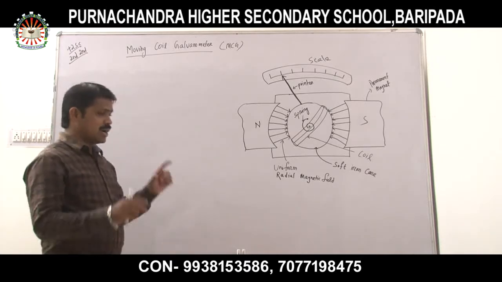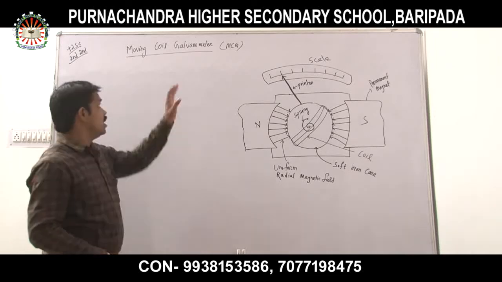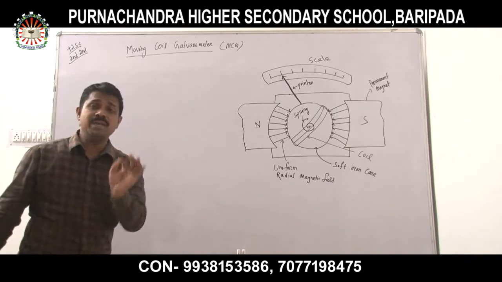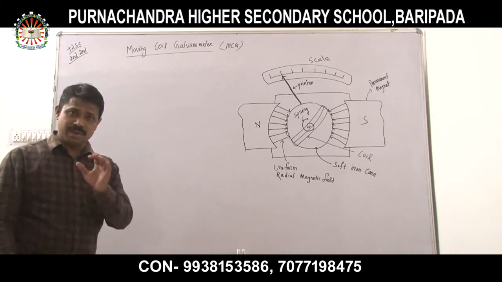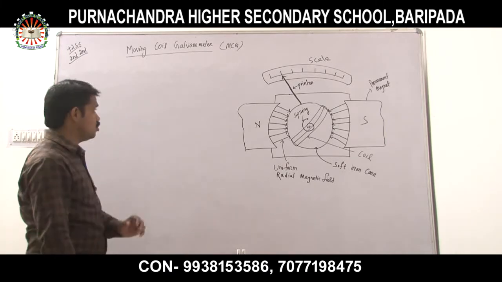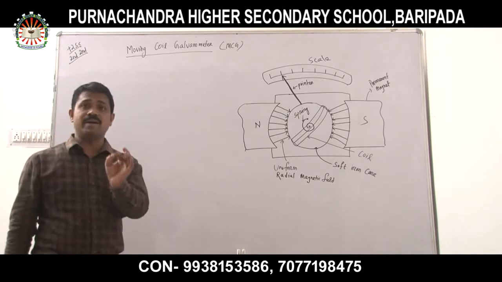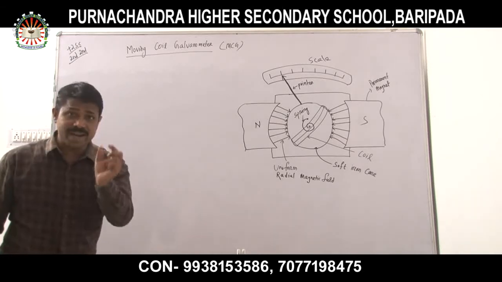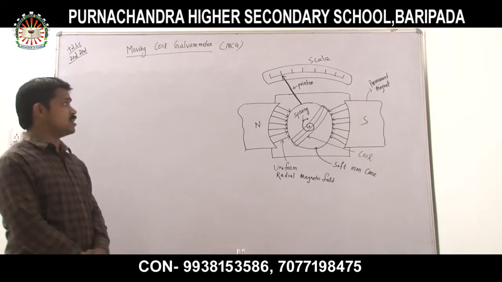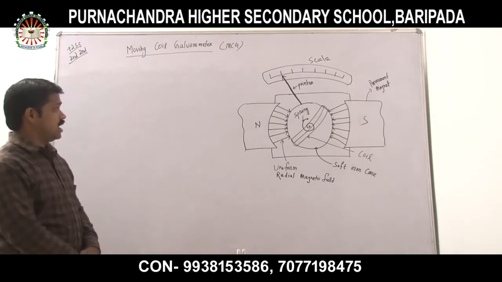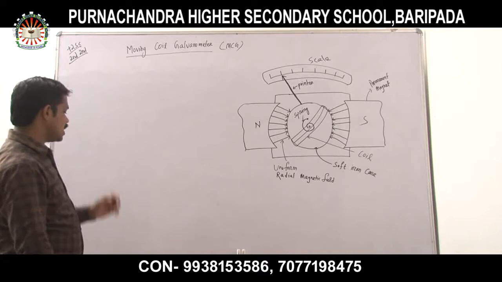But the difference between an ammeter and a galvanometer is that an ammeter is used to measure the current, whereas a galvanometer is used to detect small value currents. This is the main difference between a galvanometer and an ammeter. Clear? Okay.